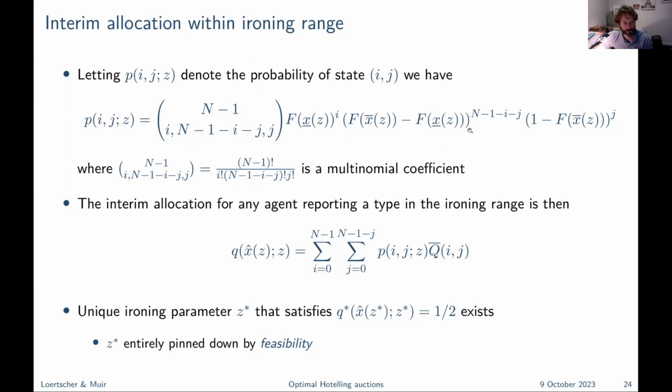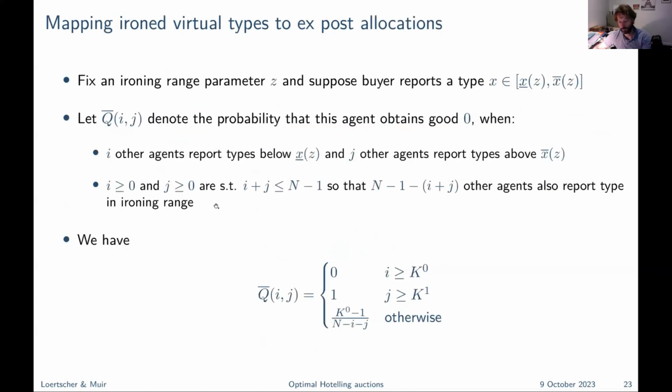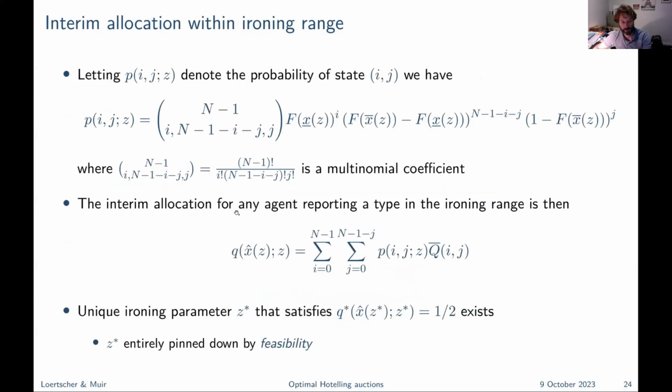And this is this formula here, where this term here is a multinomial coefficient of this form here. And so the interim expected allocation for an agent reporting a type in the ironing range is then given by this term here.